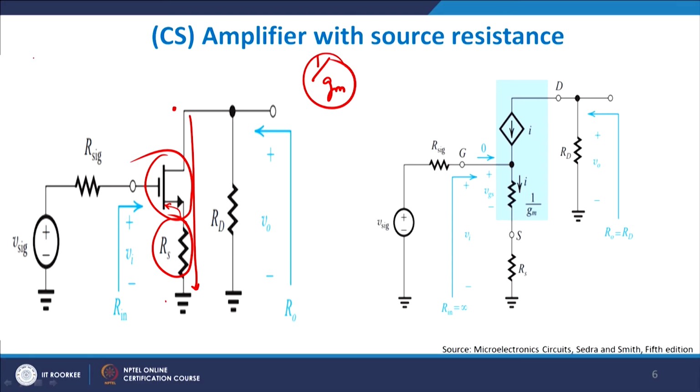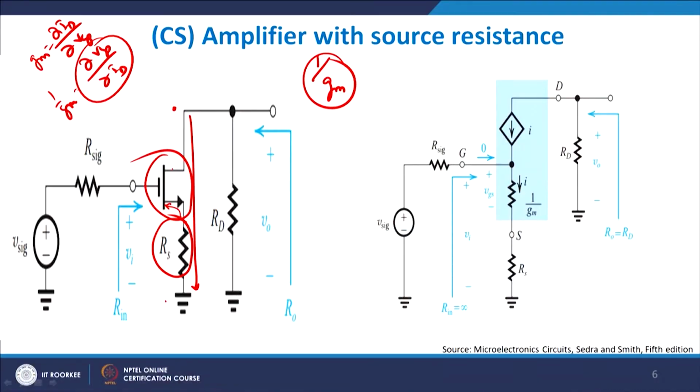Remember Gm was equal to del Id del Vgs, right. So if you do 1 by Gm, it is del Vgs by del Id, right. So del Vgs del Id primarily means that for the same change in the value of Vgs, how much Id is changing. That can only be done provided you know what is the resistance offered. So this is basically the resistance.